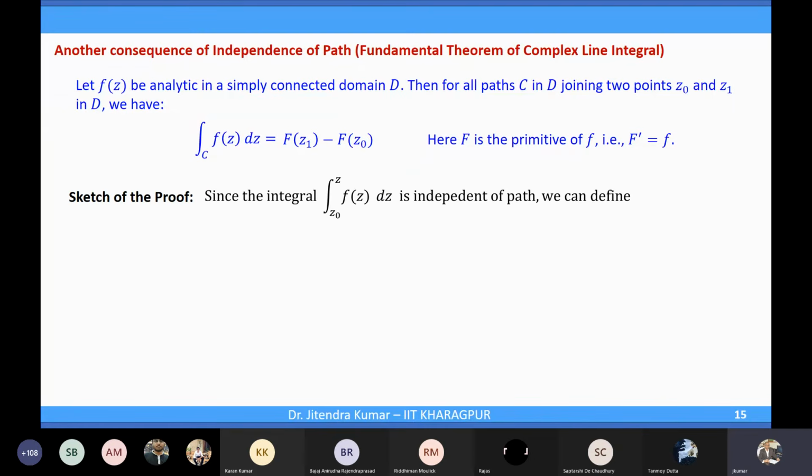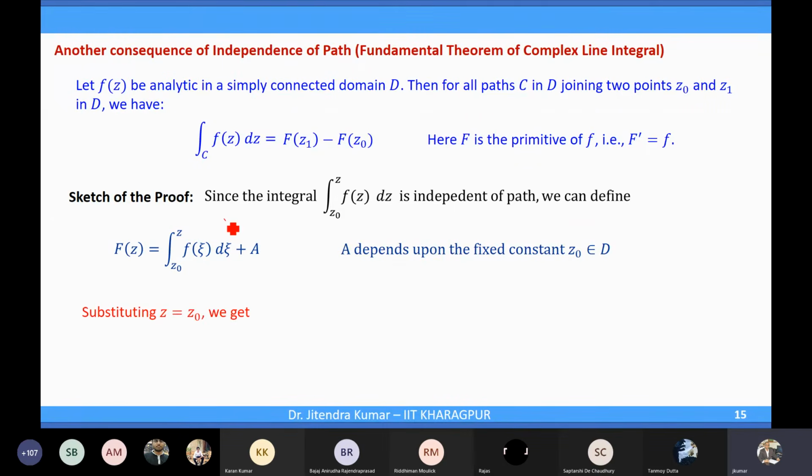Again, if you want to see the sketch of the proof: since this integral is independent of path, we can define this function F(z) again, because it will depend only on z. For a fixed value of a, it will depend only on z. So for different values of z you have different values, and that is what we denote with the big F(z), and a depends upon the fixed constant z0.